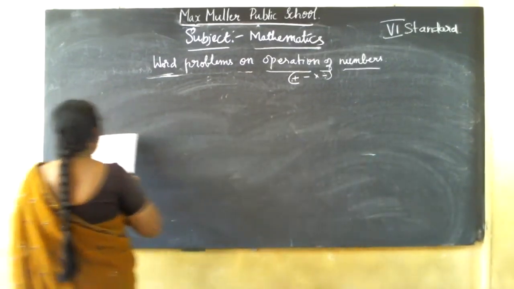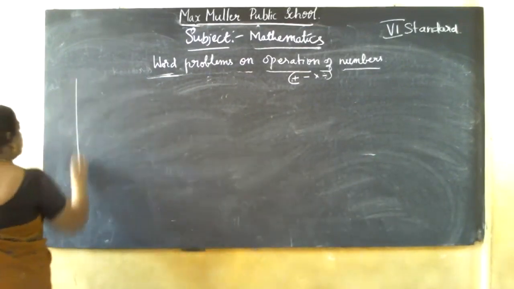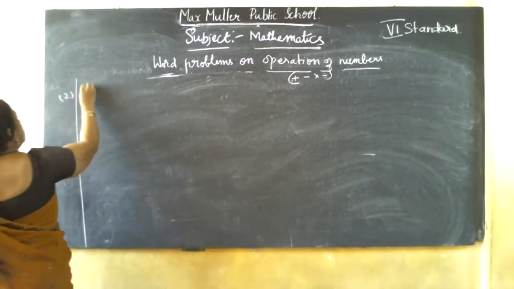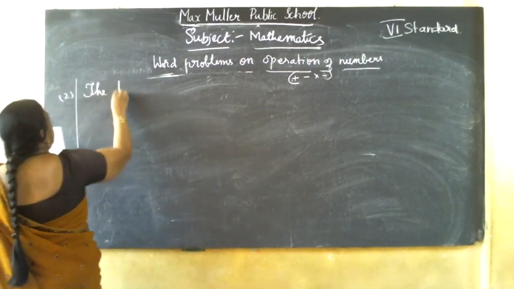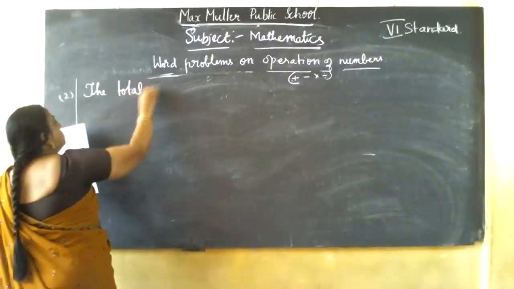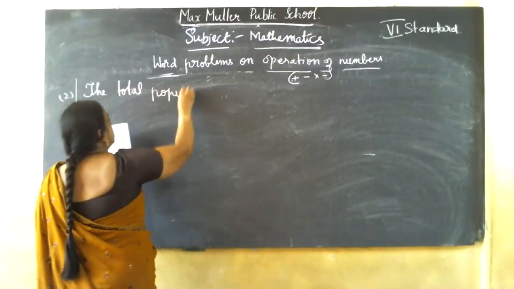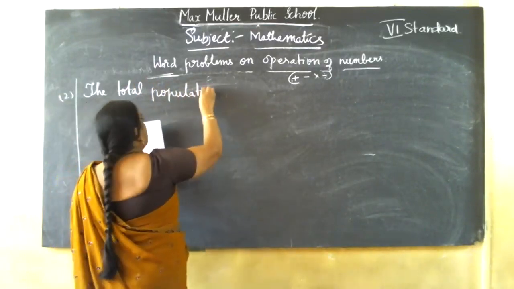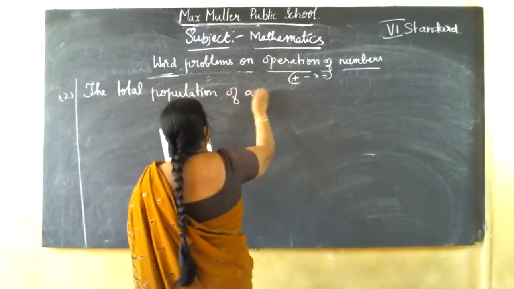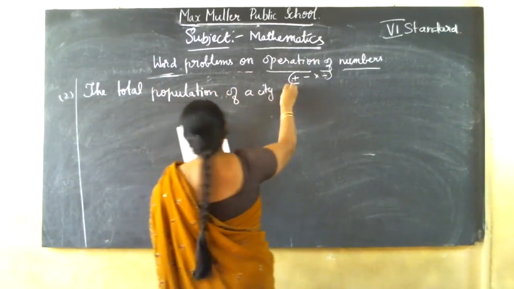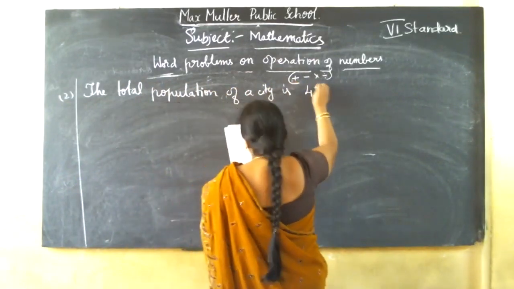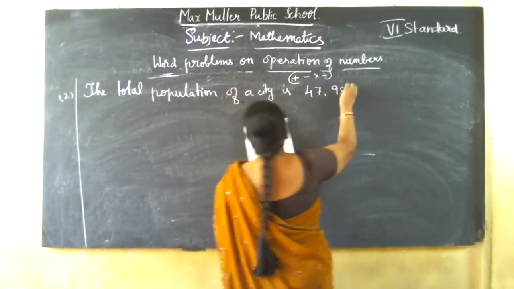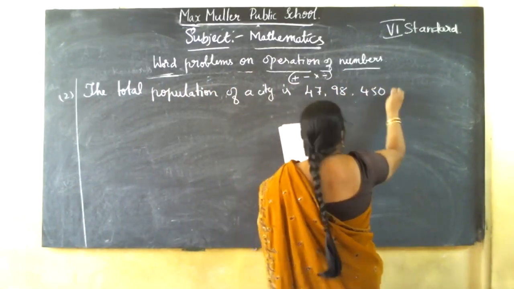The total population of a city is 47,98,450.